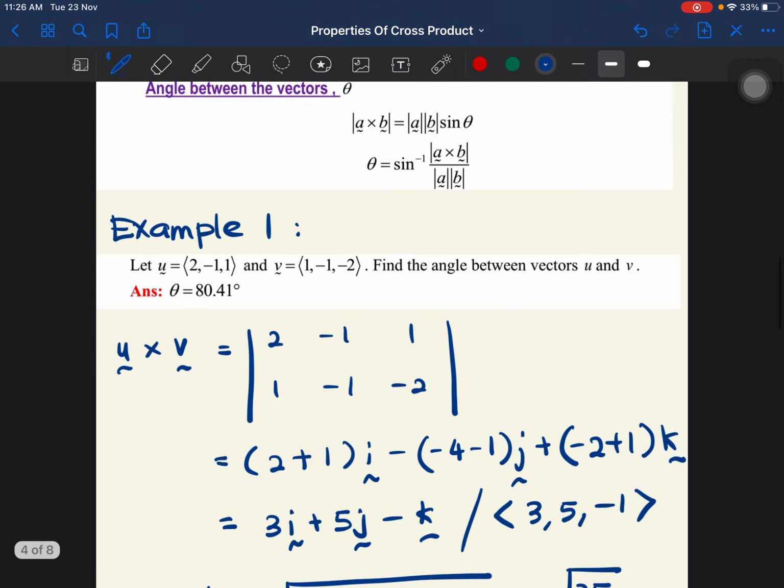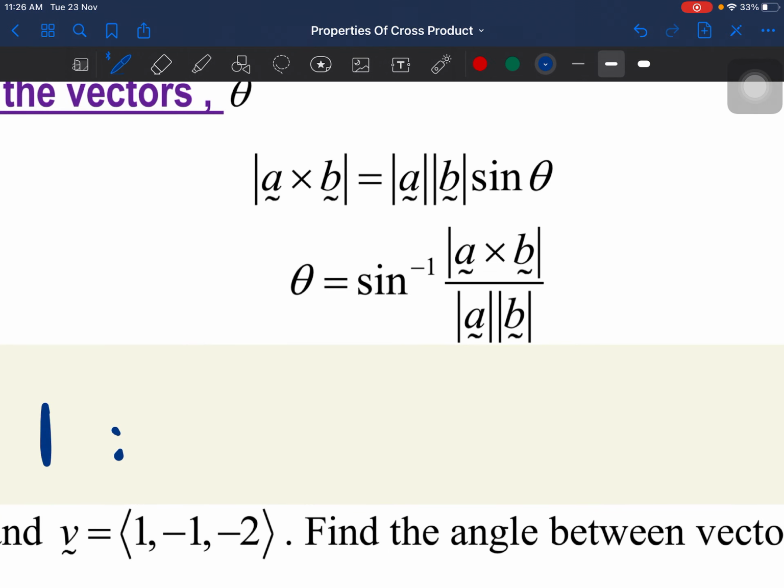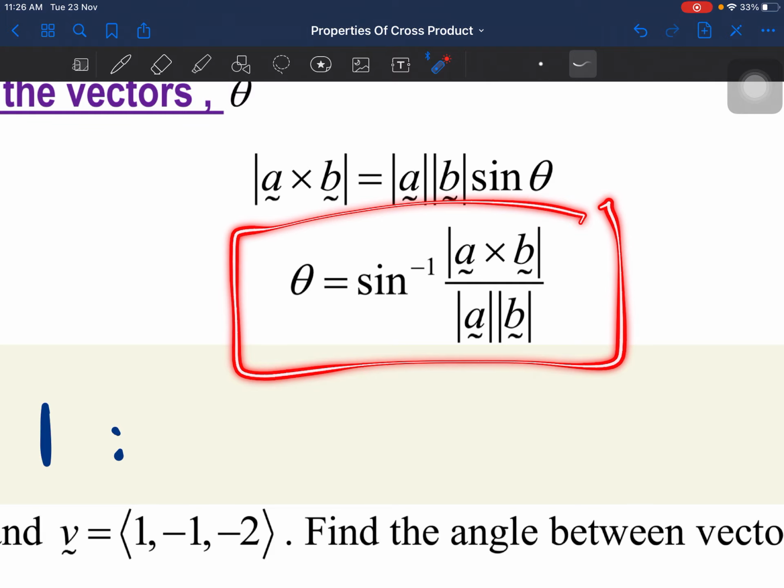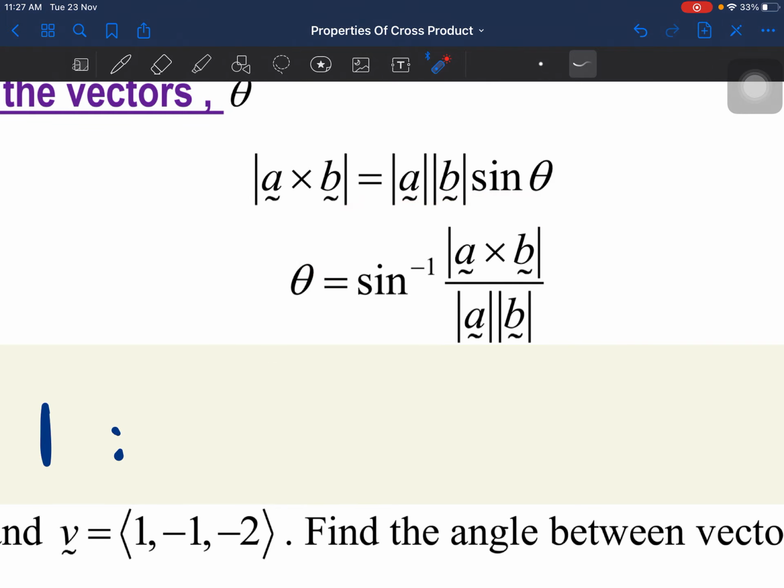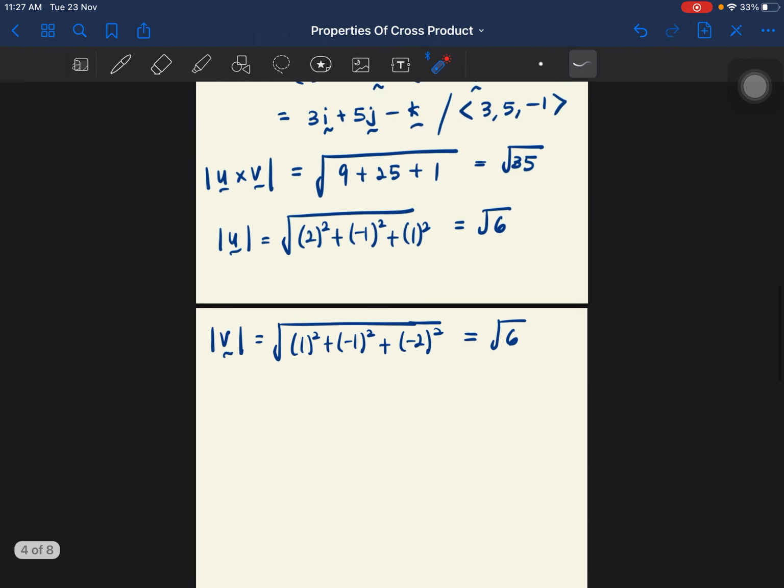Okay, so now we have already found this one, and this one, and also this one. So you can apply this formula to find the value of theta.